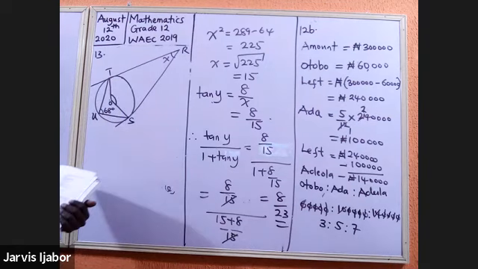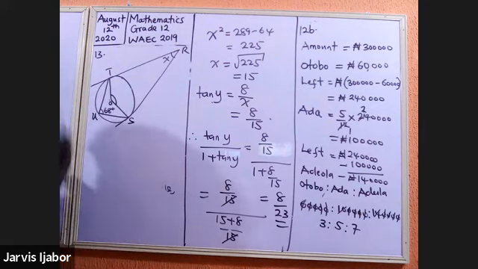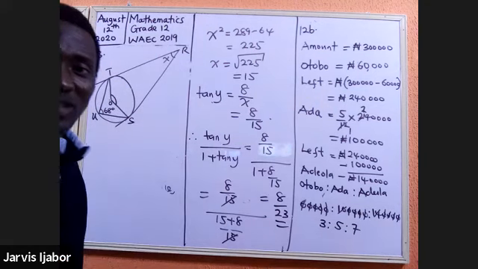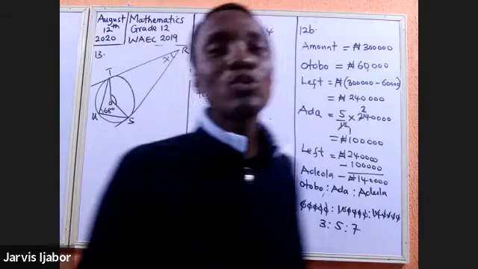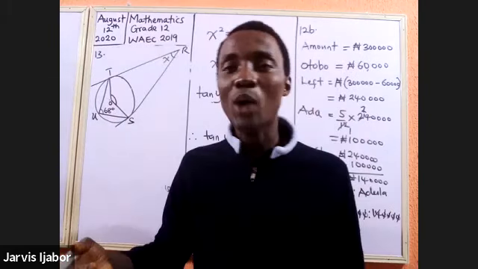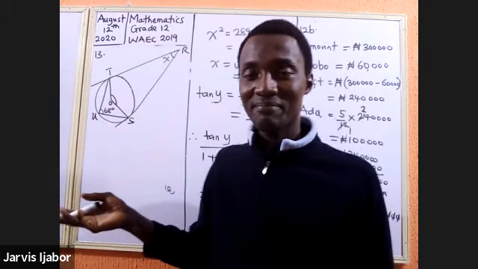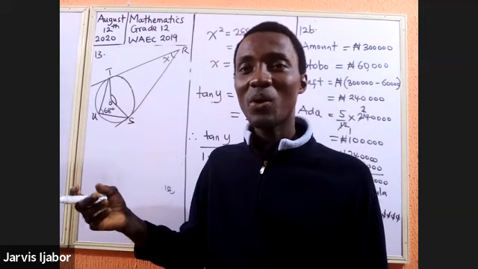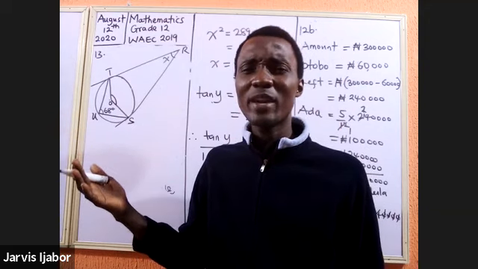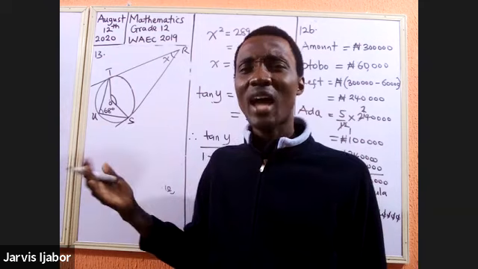So what do we do? Now, very simple. There are different approaches to this question, but let's assume my knowledge of circle theorem, geometry or trigonometry is so limited. How do I solve this question?